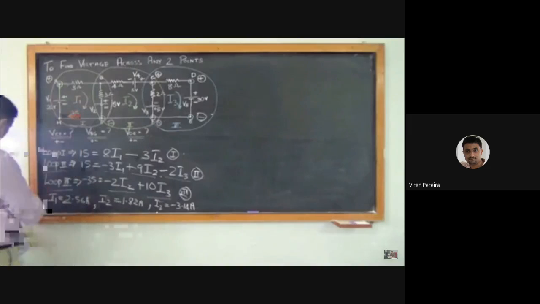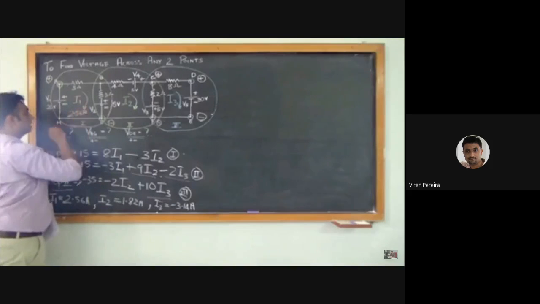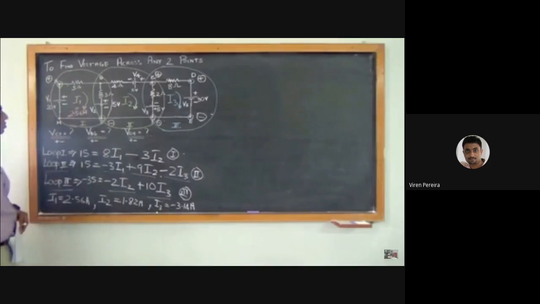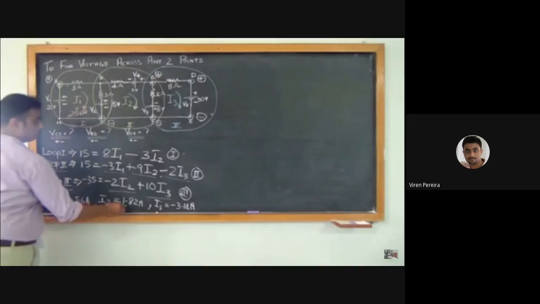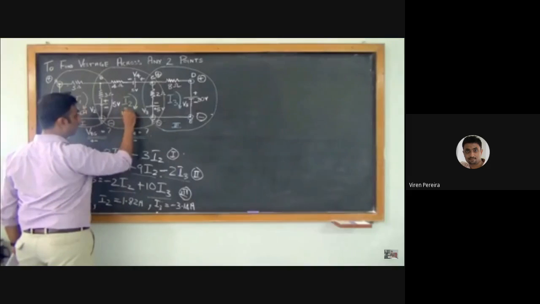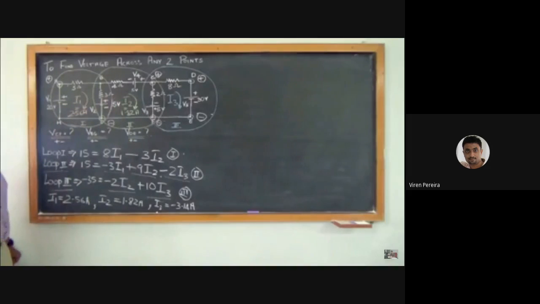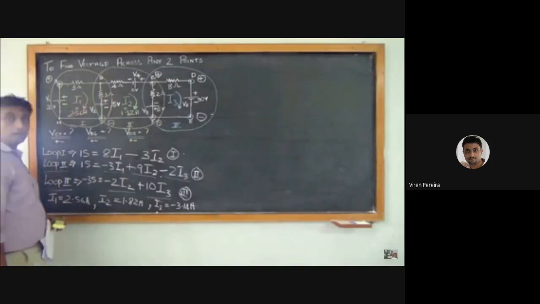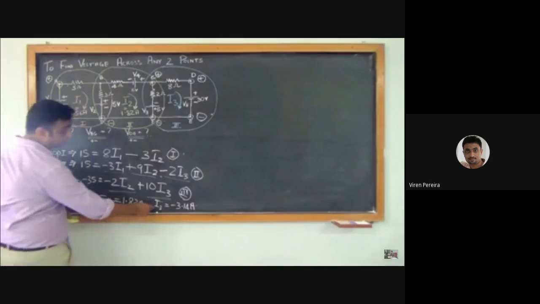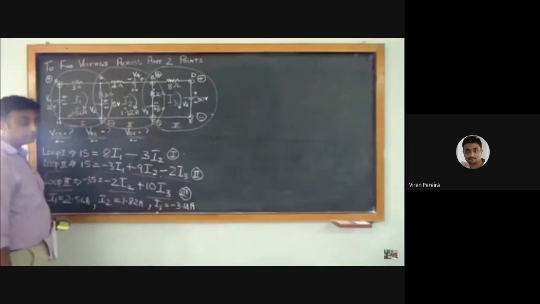So I1 equals 2.56 amps. What about I2? I2 is also equal to 1.82 amps, and the direction is the same that we assumed. But the value of I3 is equal to minus 3.14 amps.